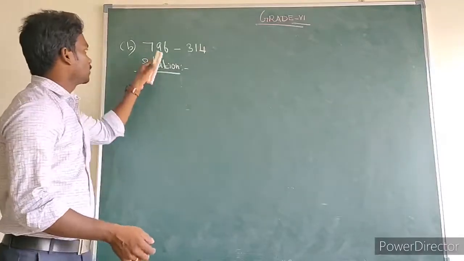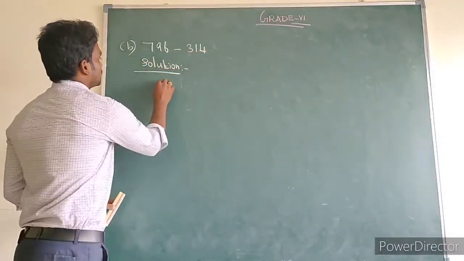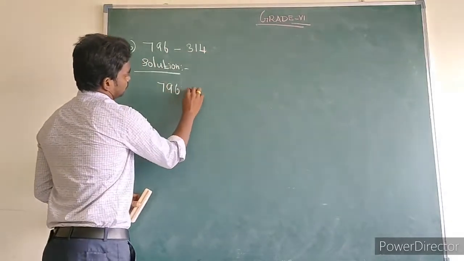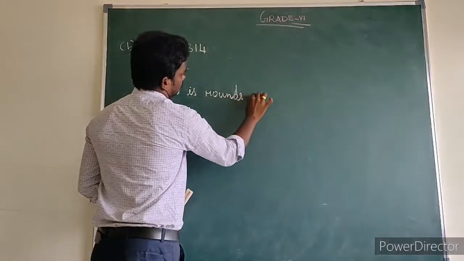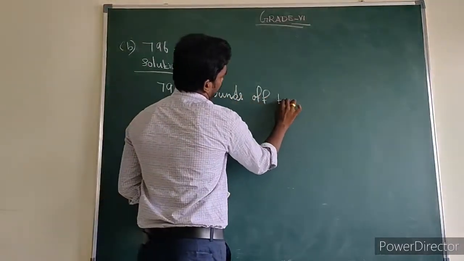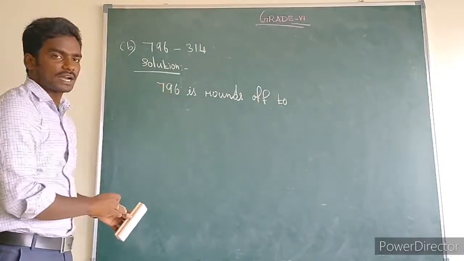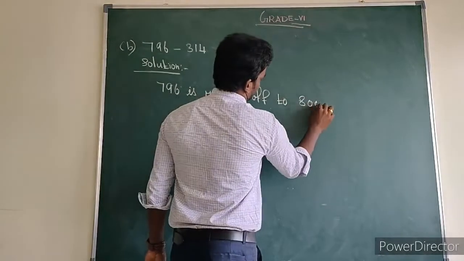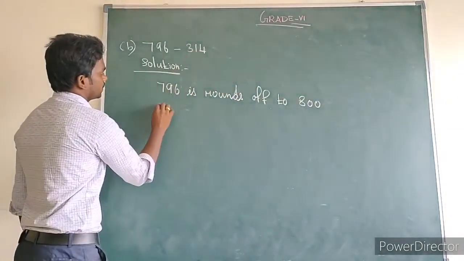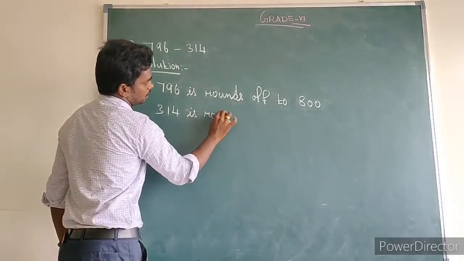So next, B question: 796 minus 314. 796 rounds up to what? Which is the closer value for 796? We find the nearest 100. So 796 rounds up to 800. Next, 314 rounds up to what?